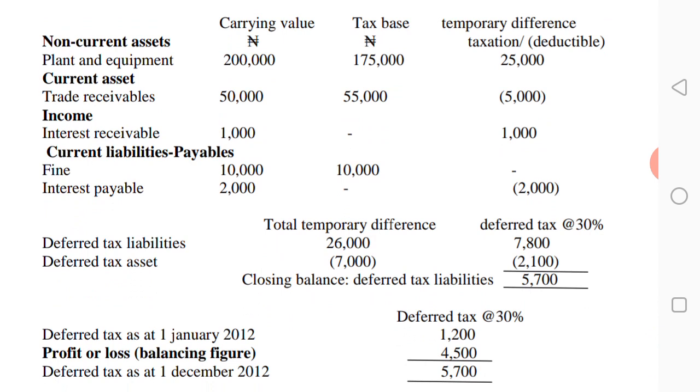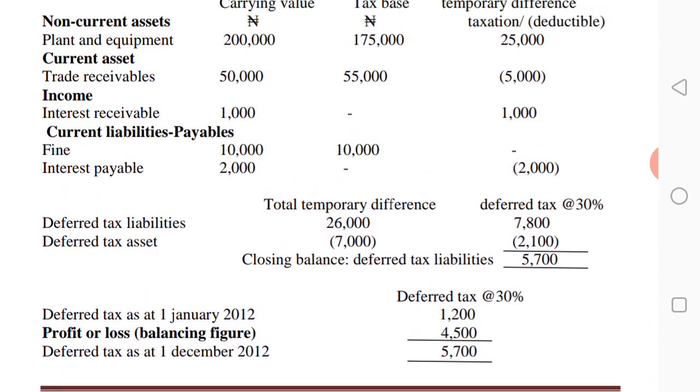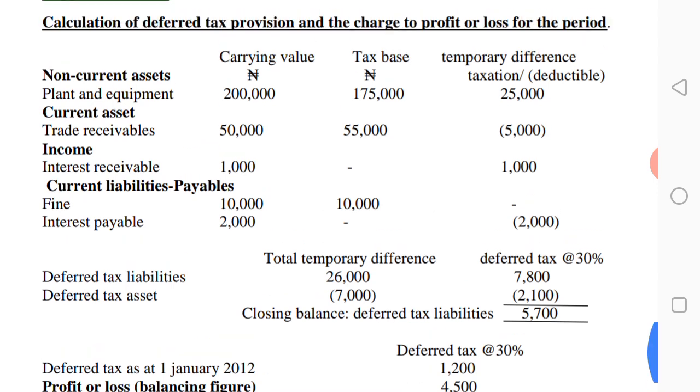Now let me give us this hint. For all assets, either current or non-current, when the carrying amount is higher than the tax base, it will lead to a deferred tax liability. I repeat, for assets, when the carrying amount is higher than the tax base, it will lead to a deferred tax liability.